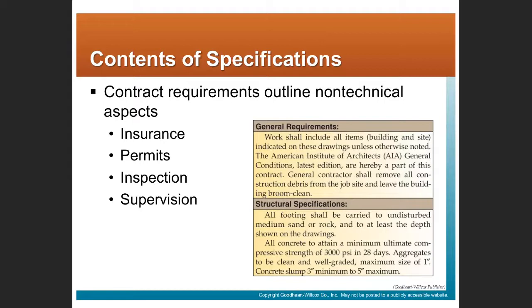So again, the drawing would show the depth of the footing and the dimensions of the footing, and the specification talks about the compressive strength of the concrete and the types of aggregates to be used, right? So again, the construction documents are both written specifications and information contained on the drawings.